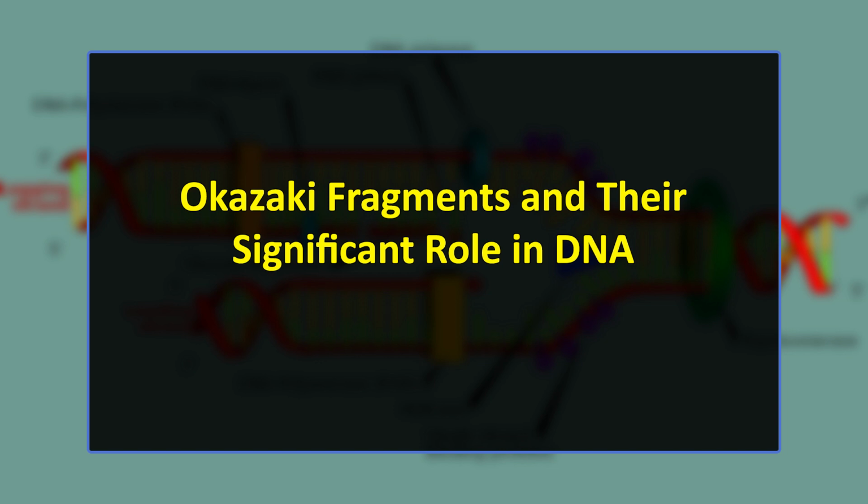On completion, the parent and complementary strand coil into a double helical shape, producing two DNA molecules, each passing one strand from the parent molecule and one new strand. Dear students, let's now discuss briefly the Okazaki fragments and their significant role in DNA replication.